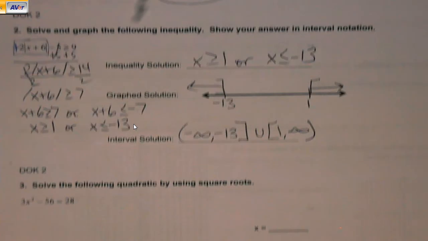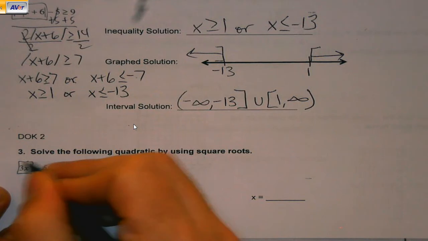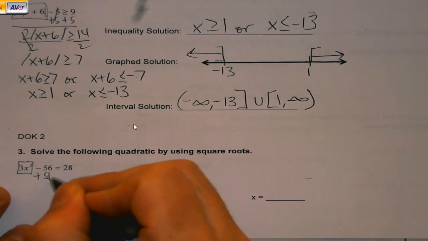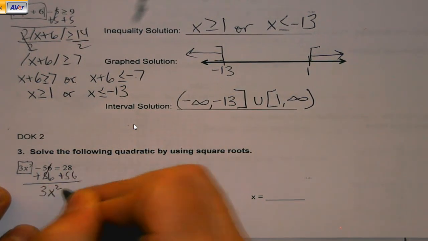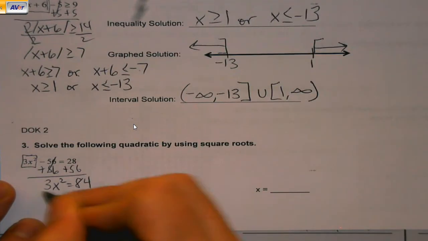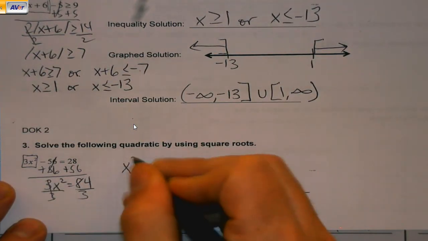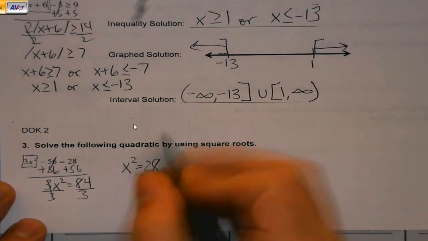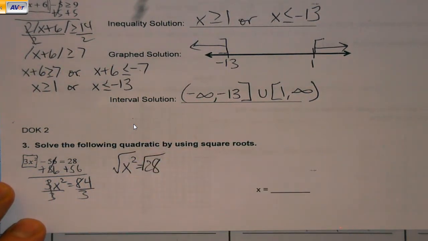So as we keep rolling here, solve using square roots. All right. Isolate my squared term first. Now I get to here. Here comes the moment of truth.